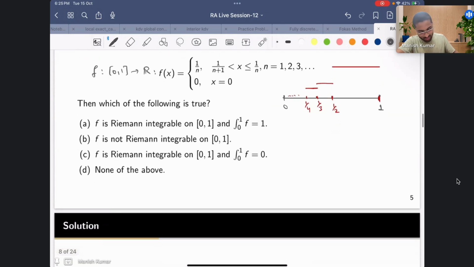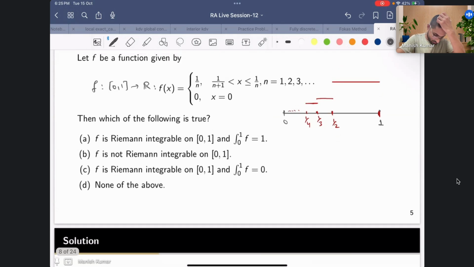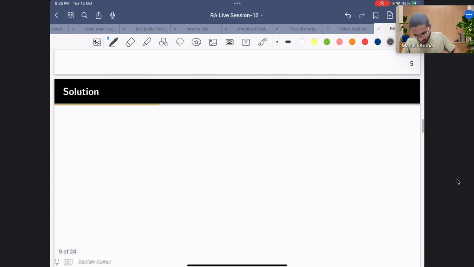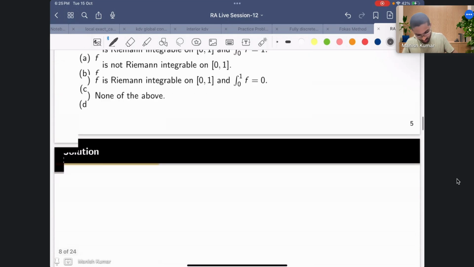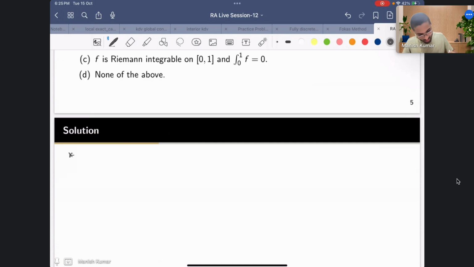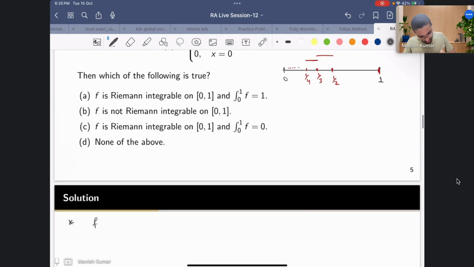First let us try to see. Again we will consider a partition, and then try to see how the upper sum and the lower sum look. Let us write the function.